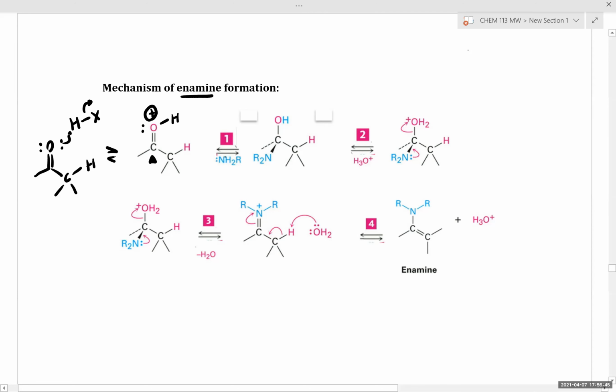let's redraw our nucleophile. Rather than a primary amine, we're looking at what happens when we have a secondary amine. And the moment you see a secondary amine, I want you to think we're going to form an enamine over an imine. So we're going to attack our carbonyl just like normal, and this generates a tetrahedral intermediate.